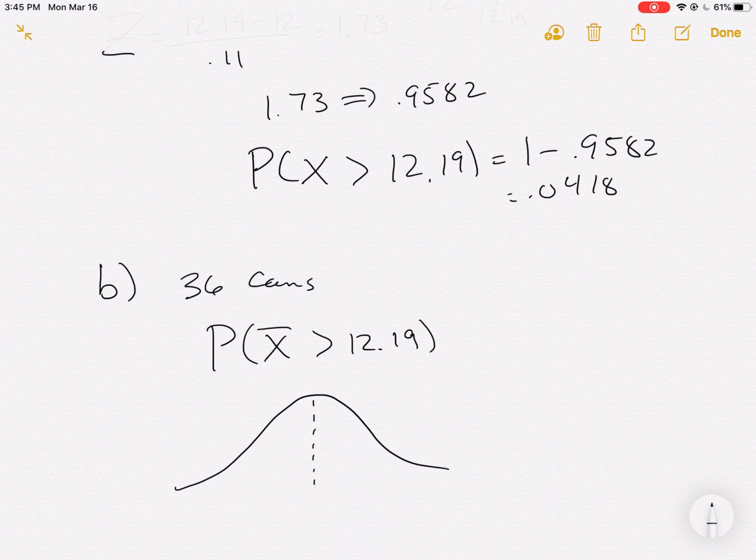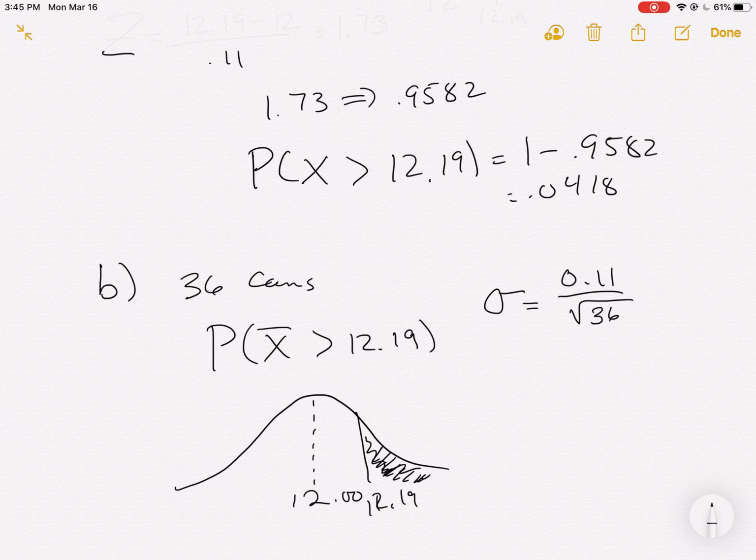The mean for the 36 cans is the mean for the individual, 12.00. We still care about being at least 12.19. What we do have is a new standard deviation, the old standard deviation of 0.11 divided by the square root of the group size, which is 36.